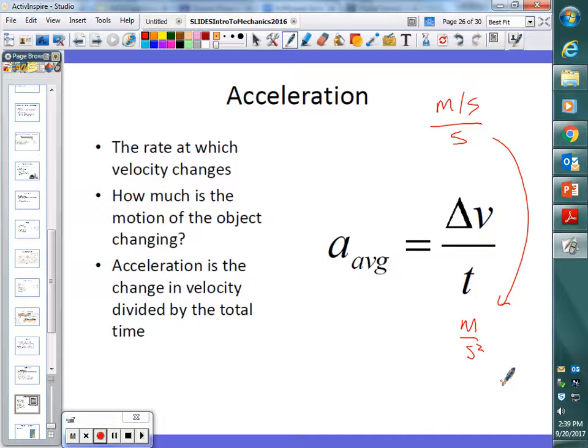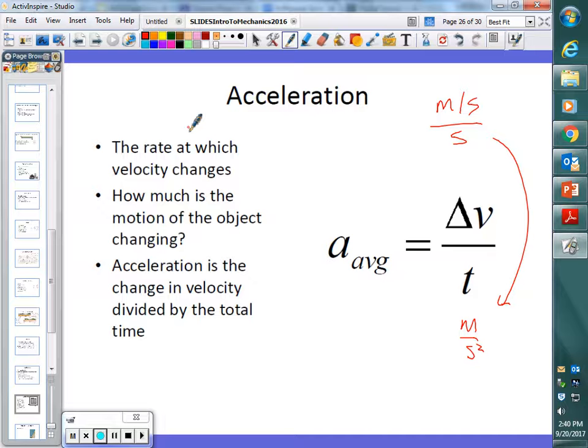Here's where it can get a little tricky. Like I said, you guys know the term acceleration. You know what it means. You could give me an example of acceleration. However, that example is not everything that could be considered acceleration. What has to happen in order for acceleration to occur? Change in velocity, right?